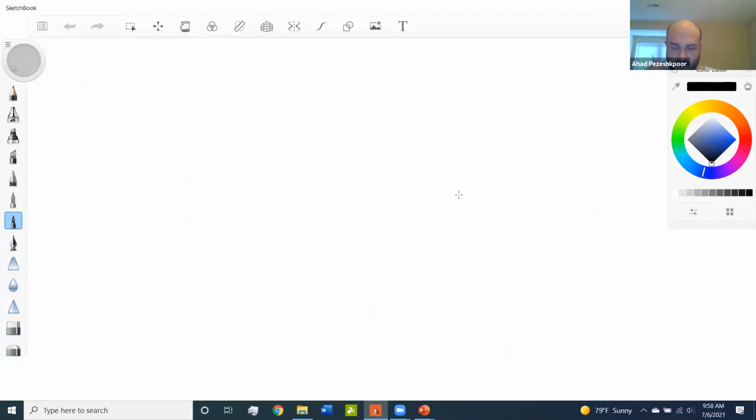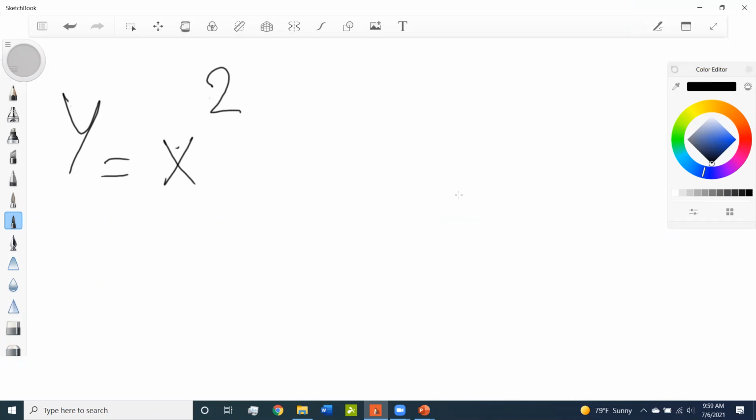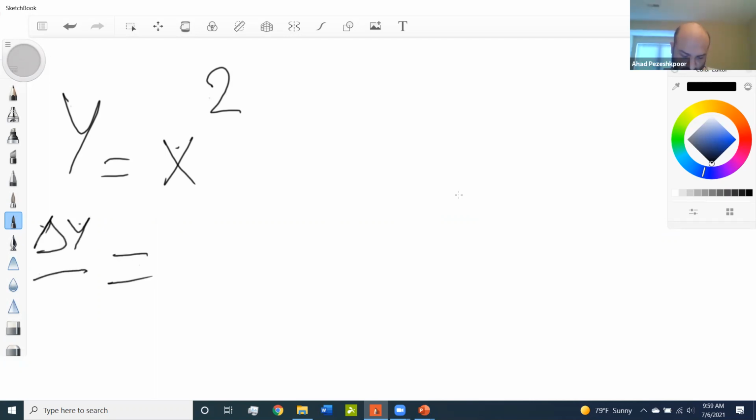First, let's use a very simple function. Y equals x squared. What's the derivative of this function? 2x. 2x, yes. Delta y over delta x, it's better.